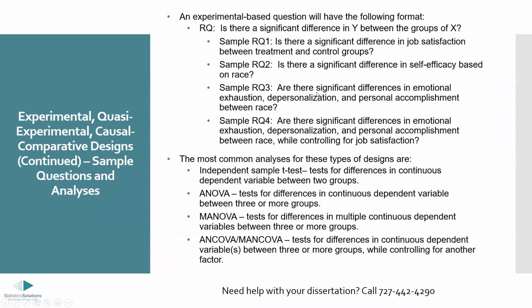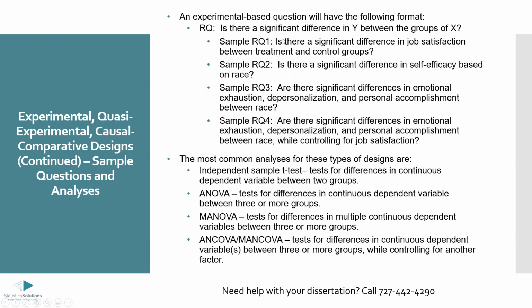Taking this idea and compounding it by adding more dependent variables, you can look at multiple factors at once. So is there a significant difference in emotional exhaustion, depersonalization, and personal accomplishment based on race? And then you can even control for variables, which just means holding it constant in the model. So you can add control factors as well.